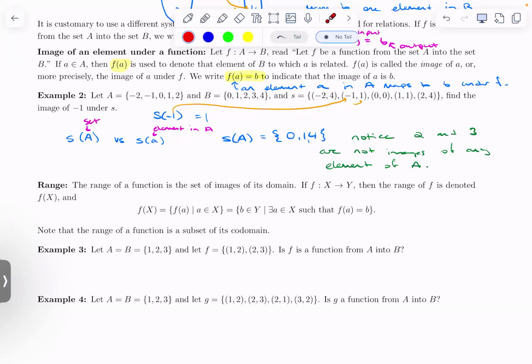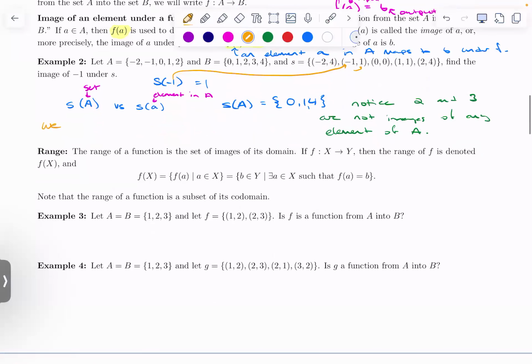I give it a, it returns a squared. We might also notice that S of a is a squared. It takes an input of a and it squares it.